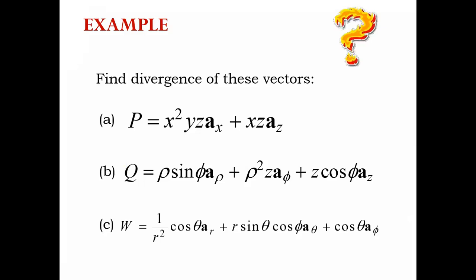So if it is clear, then again you can practice on your own. That is, find the divergence of this vector. This is in the Cartesian coordinate system. This is in the cylindrical coordinate system. This is in the spherical coordinate system. So again, the formula is del dot P. If you start solving, then you will write del dot P is equal to del Px by del x. What is Px here? Px is x square yz.